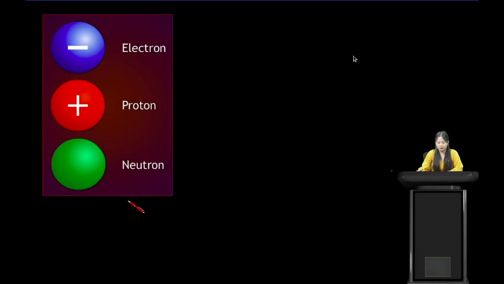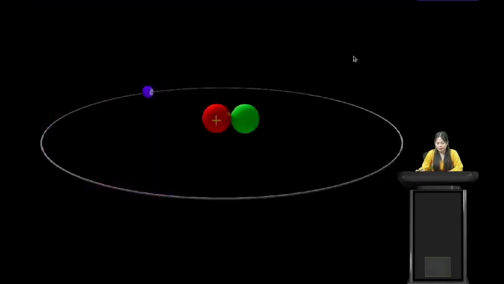Here we have the structure of an atom. This is what it looks like. The protons and neutrons make up the nucleus, and the electrons revolve around this nucleus in definite orbits.